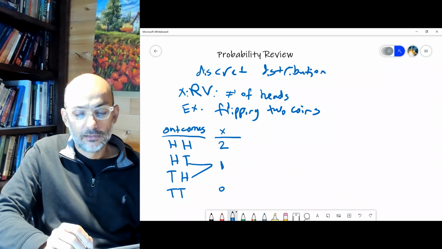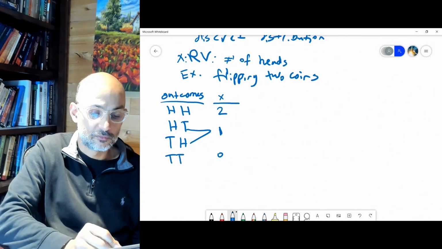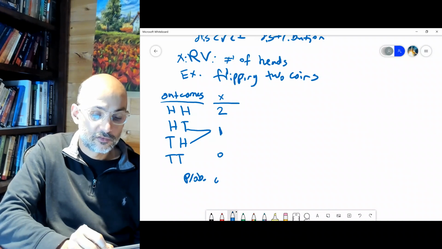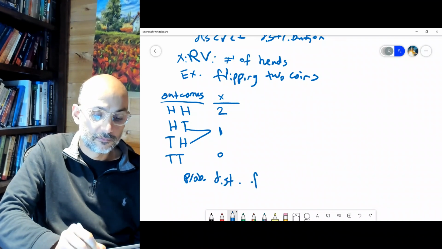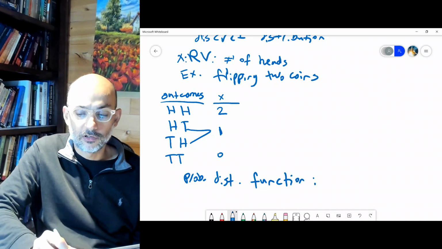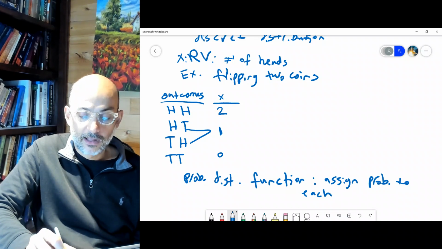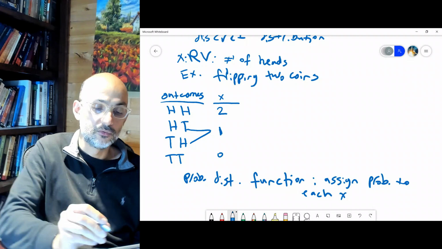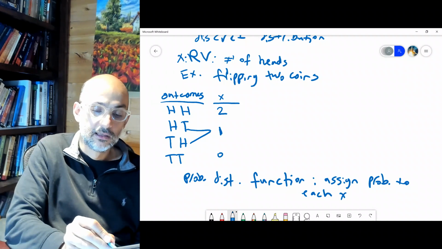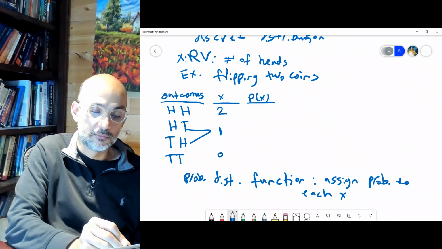Another concept in probability distribution is the probability distribution function. What we try to do in the probability distribution function is to assign a probability to each value of the random variable, to each X. So we want to provide a probability of X. It goes without saying that each outcome will be 1/4.